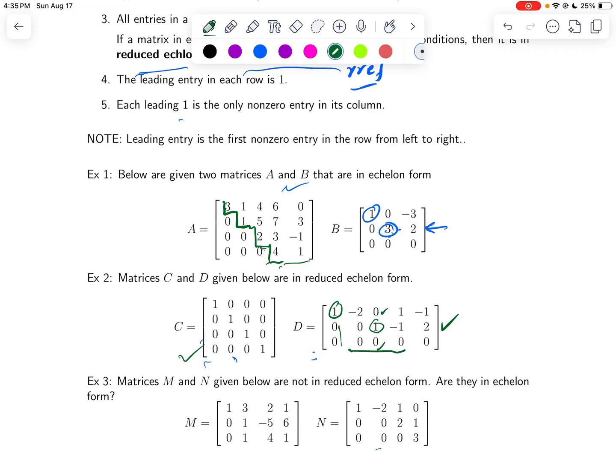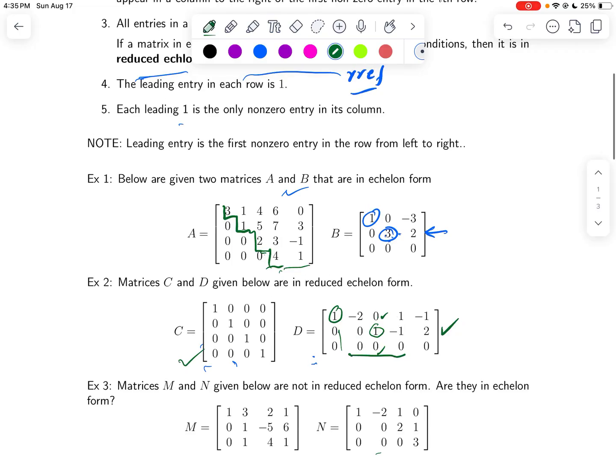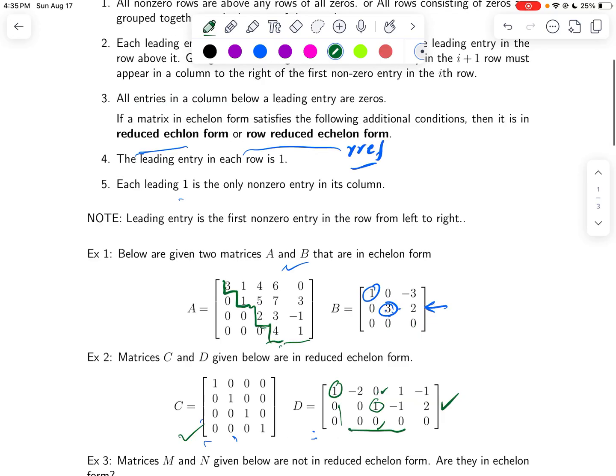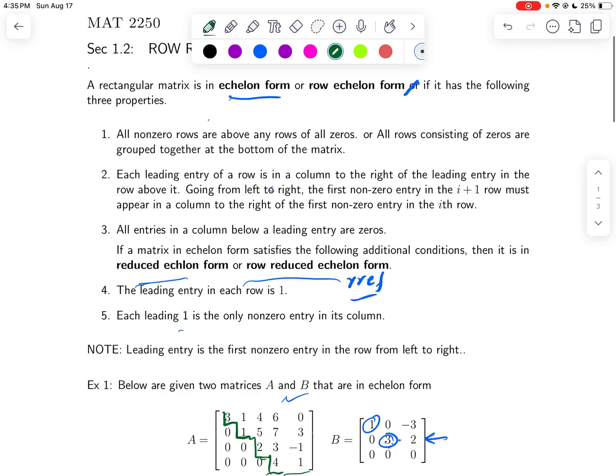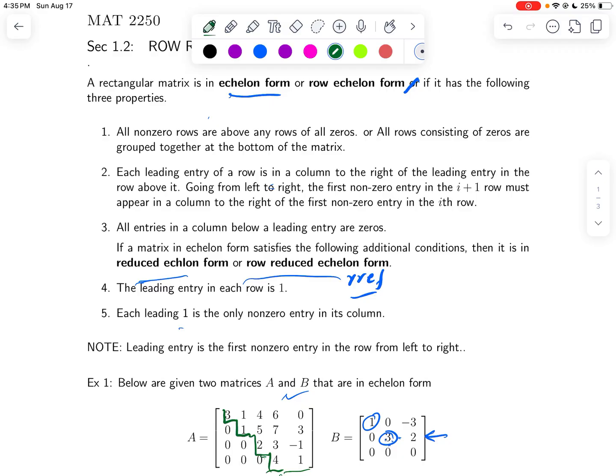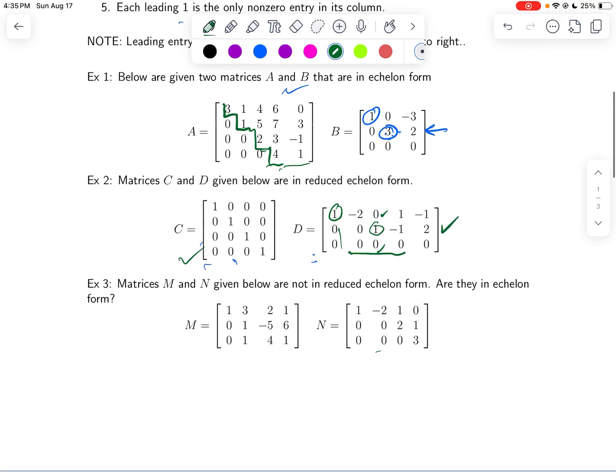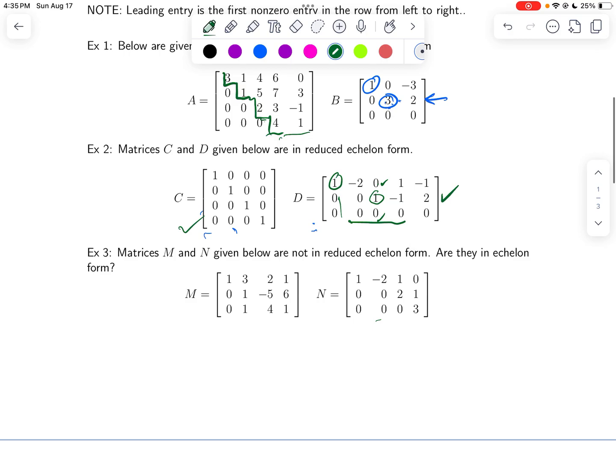The second condition was that the leading entry in the i plus 1 row should be to the right of the leading entry of the ith row, the previous row. So here the leading entry is 1 and then the leading entry here is 1. So we are good.